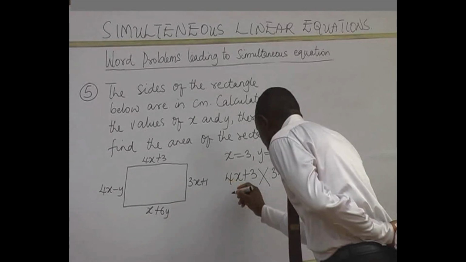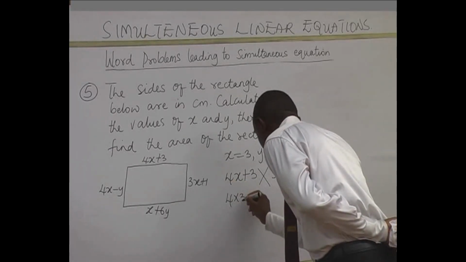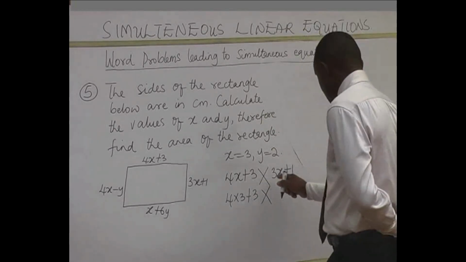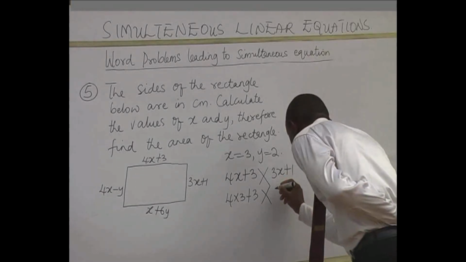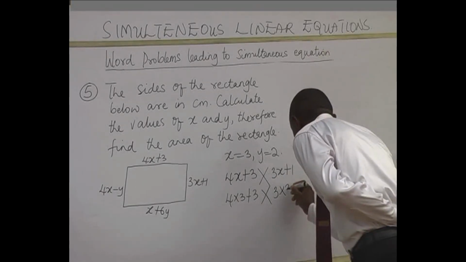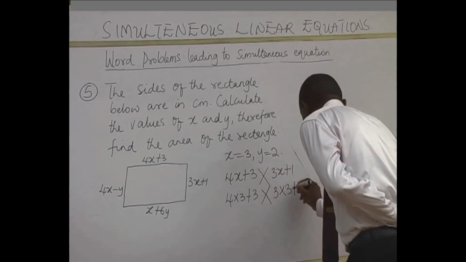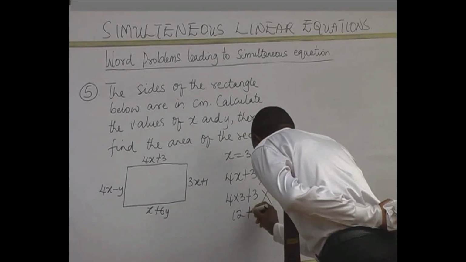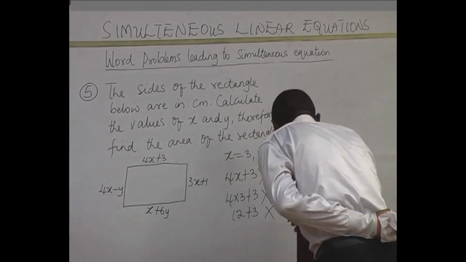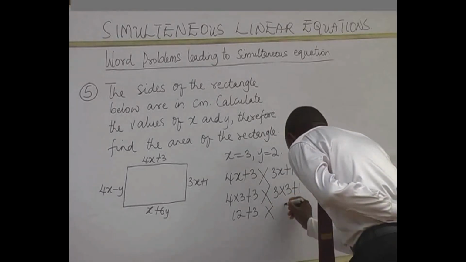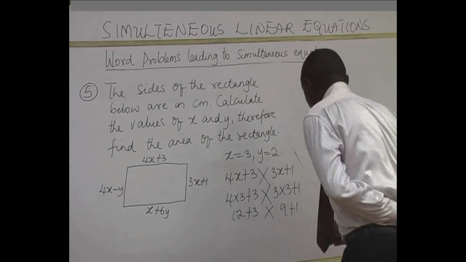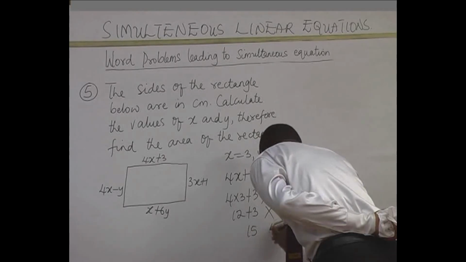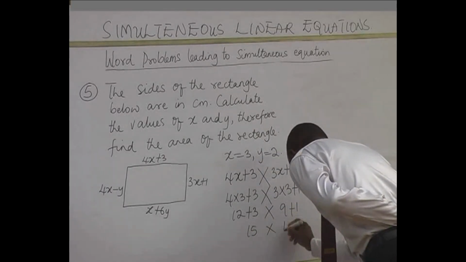So instead of 4x, we have 4 times 3 plus 3, then times 3x, which means 3 times 3 because x is 3, plus 1. 4 times 3 is 12. 12 plus 3 is 15. 3 times 3 is 9, so we have 9 plus 1, which is 10.